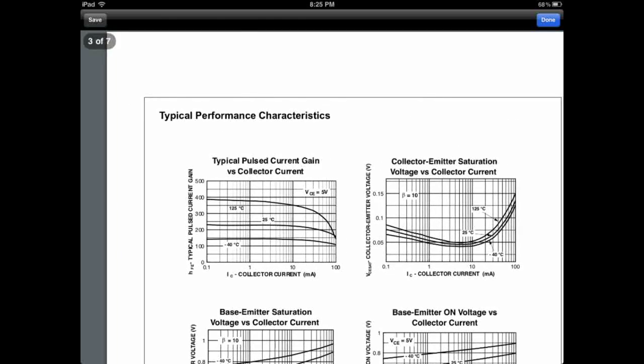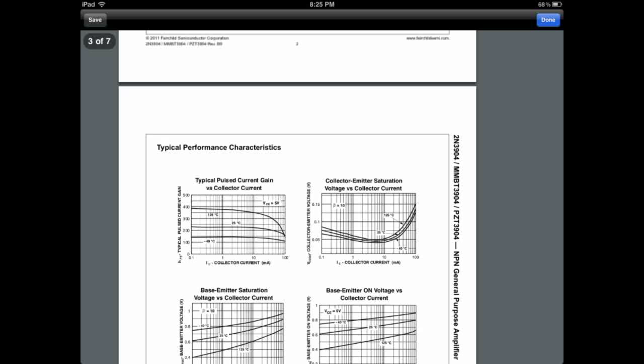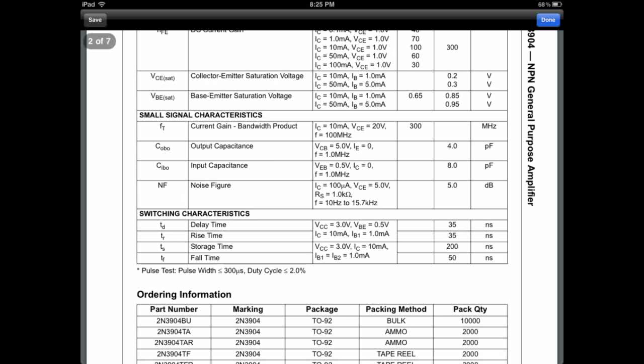So I'm going to go back to our little pin thing. How we turn these on is basically with current. Like I said, you're going to push current through the base to the emitter, and that will turn it on.